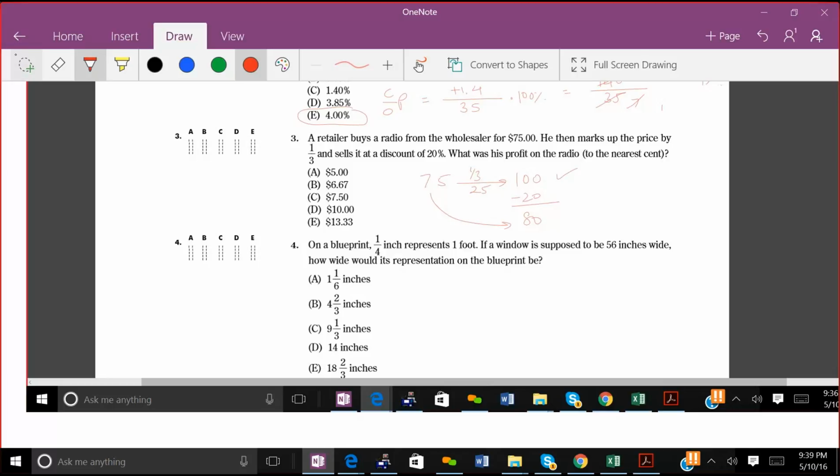Try number 4. 4 is an important question also. On a blueprint, 1 inch represents 1 foot.